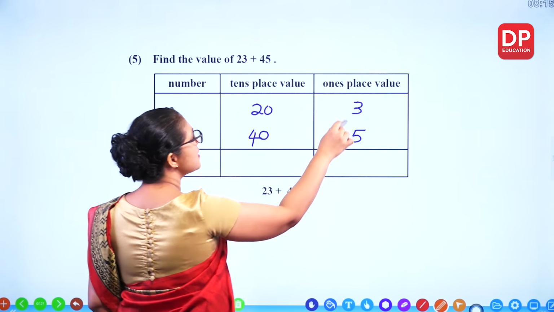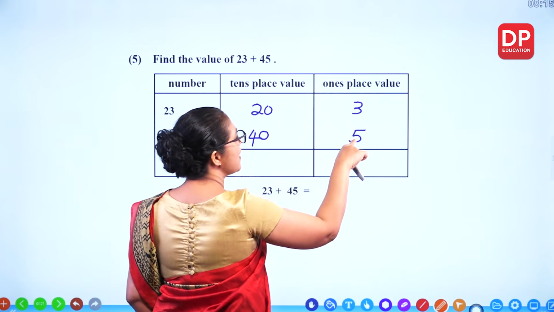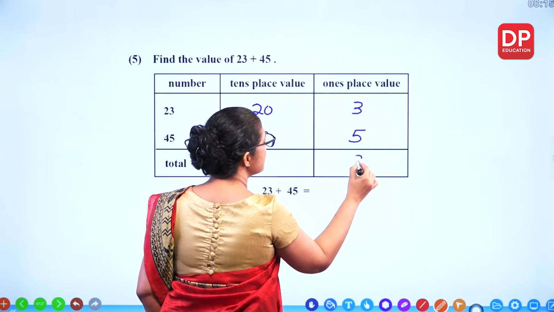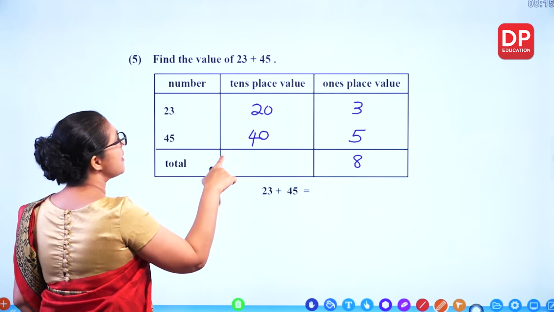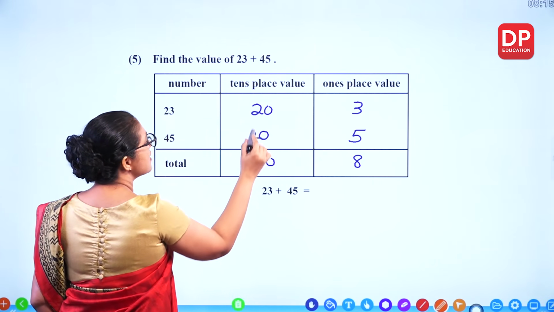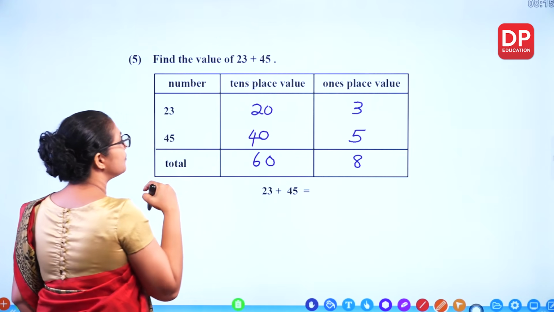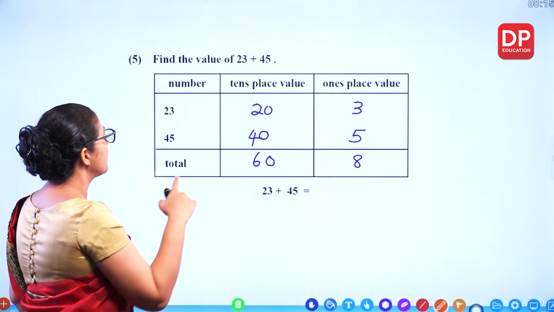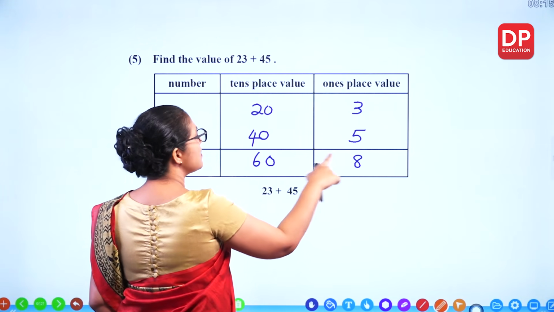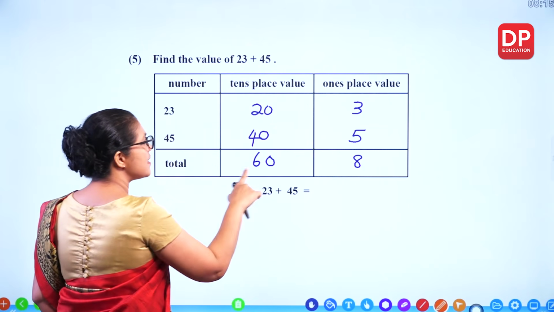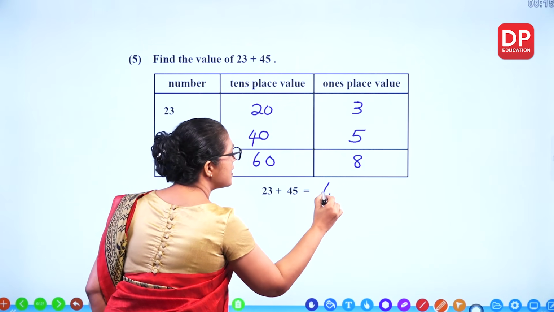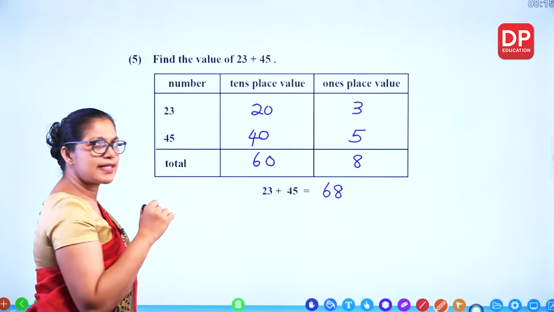So when you add ones place values, what you get? 3 plus 5, you get 8. Tens place values, you get 60. So what's the answer now? 60 in tens place and 8 in ones place. 60 and 8, you get 68.